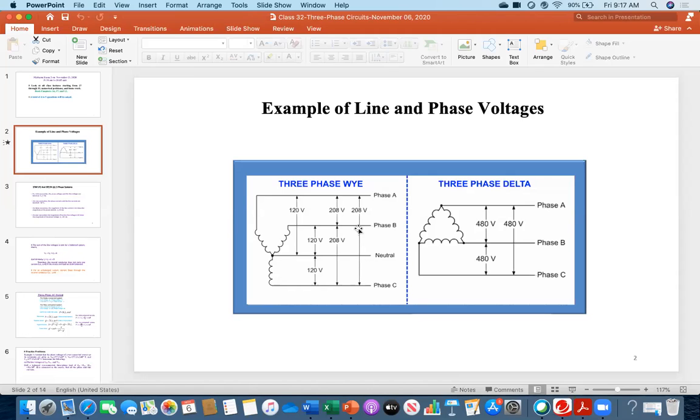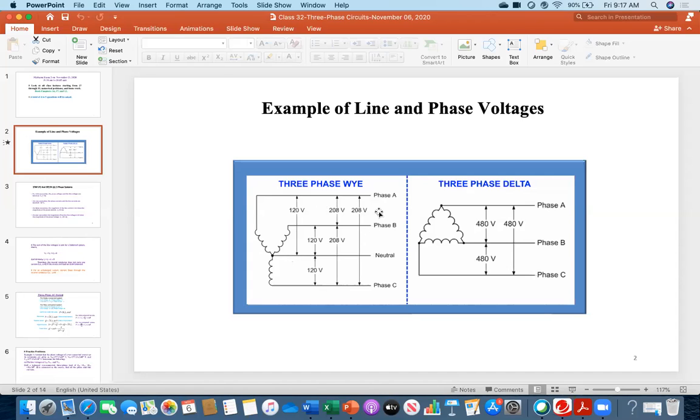So here everybody see, if you measure the voltage between phase A and the neutral line, it is giving you 120 volt. This voltage you will call the phase voltage or phase to neutral voltage.